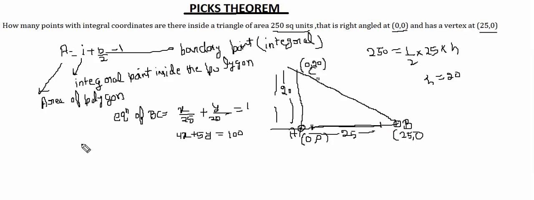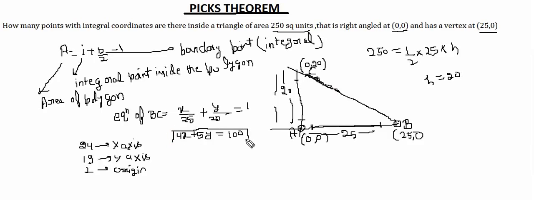There are 24 boundary points on the x-axis, and from (0, 1) to (0, 19) there are 19 boundary points on the y-axis, and one origin is there. And for the number of boundary points on this BC line, the values of x and y which satisfy this condition will give you the boundary points on this line.